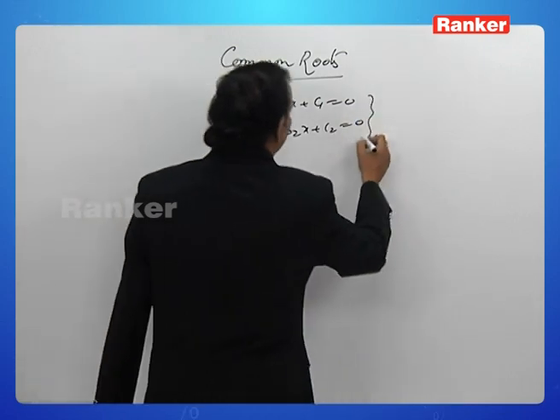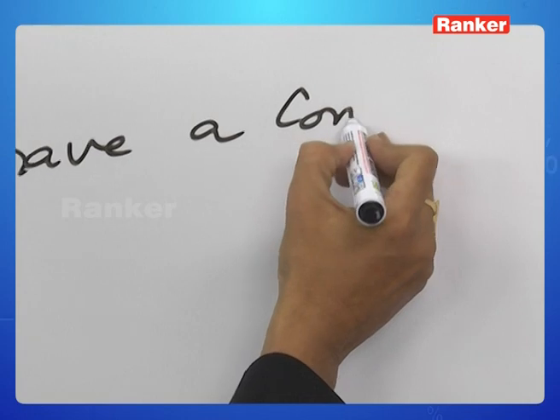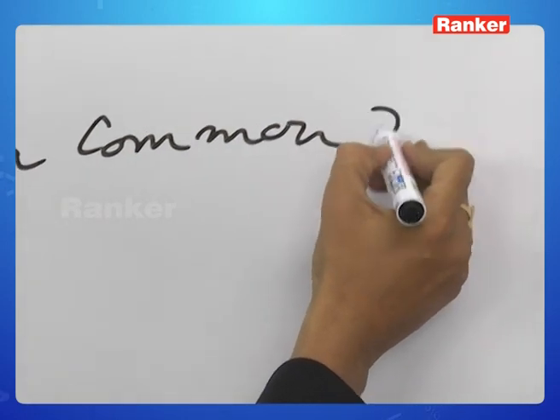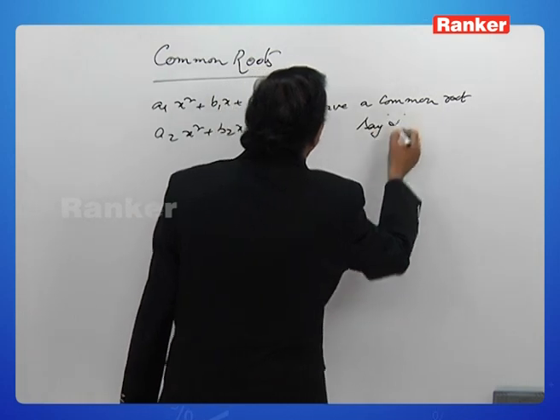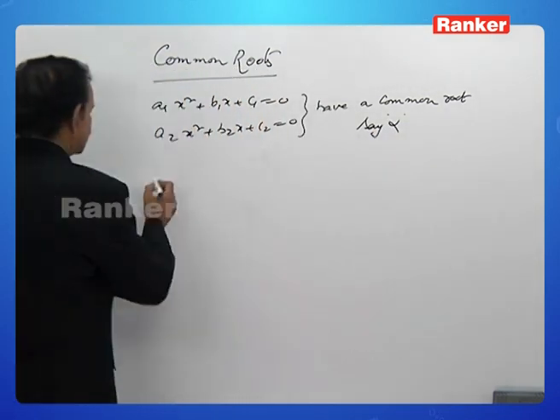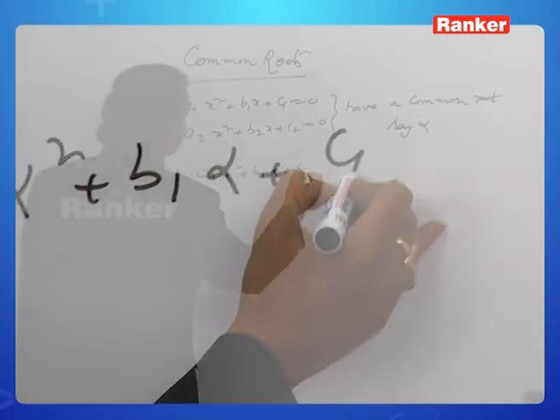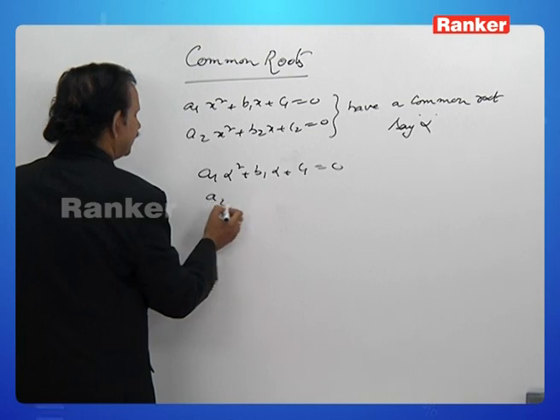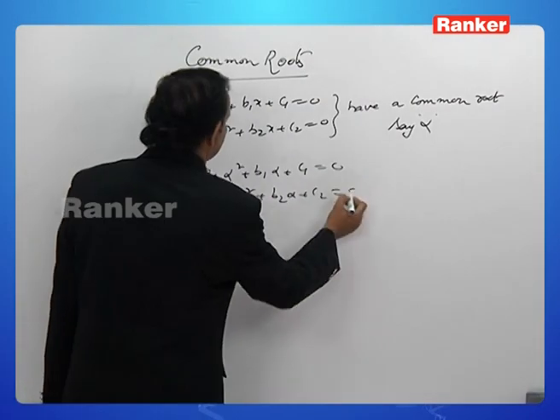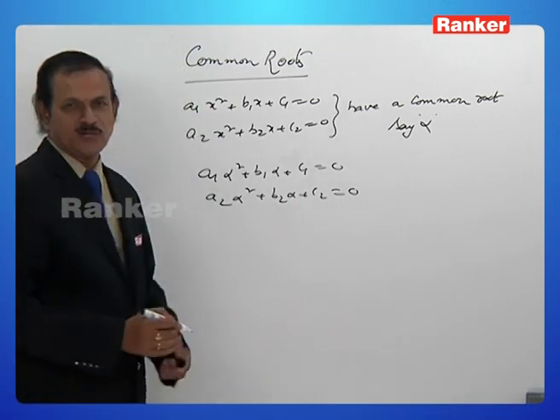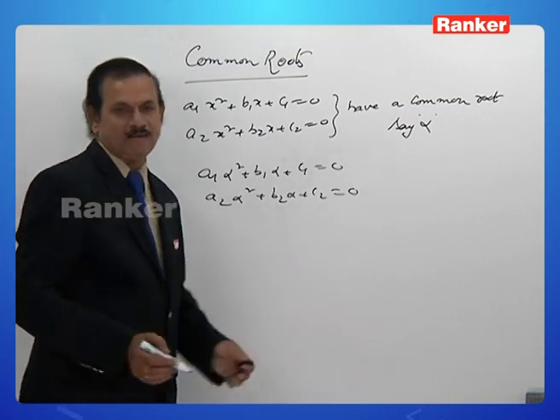Let these two have a common root, say alpha. Then a1 alpha square plus b1 alpha plus c1 is equal to 0 and a2 alpha square plus b2 alpha plus c2 is equal to 0, because alpha is a common root. It satisfies both the equations. So these two conditions we must have.